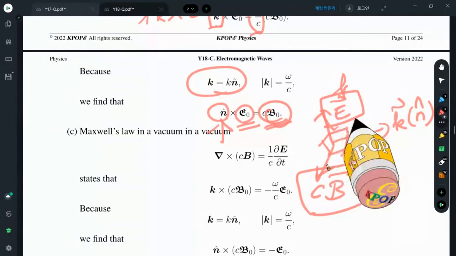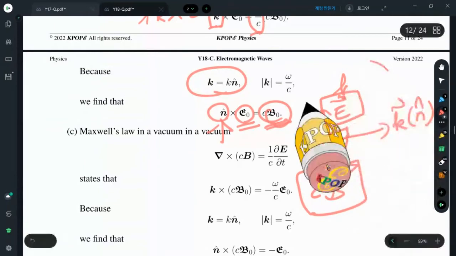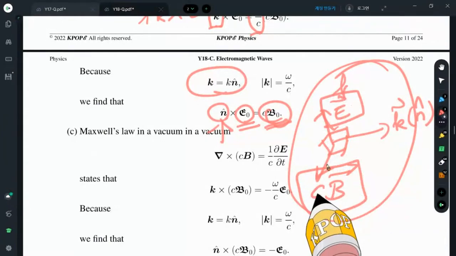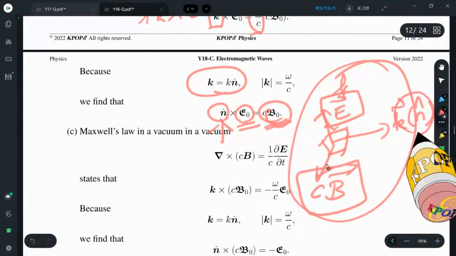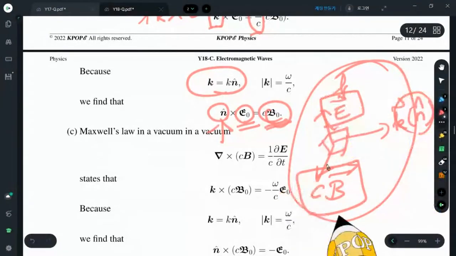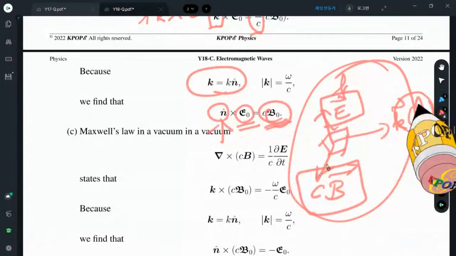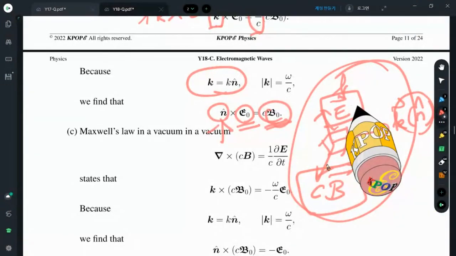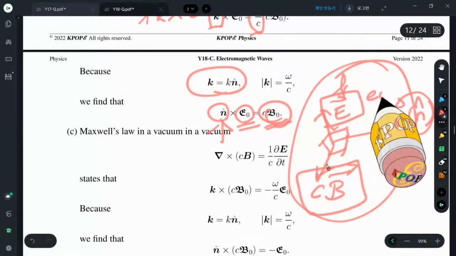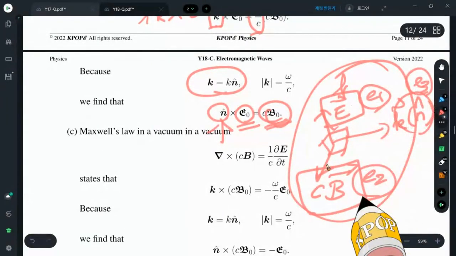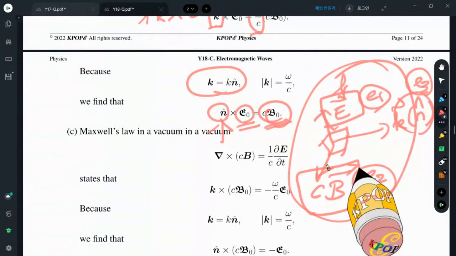Maxwell is a genius. He has found everything. The electric field, the magnetic field multiplied by the speed of light, and the unit vector along the wave vector construct the basis set of the Euclidean space, and these three vectors construct the triad E1, E2, E3. A mathematician can never tell you how to bring three unit vectors in nature.